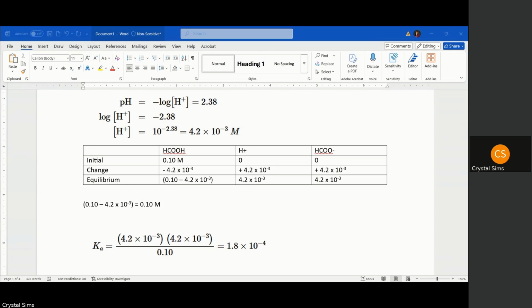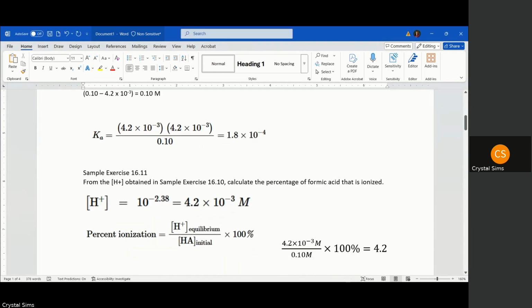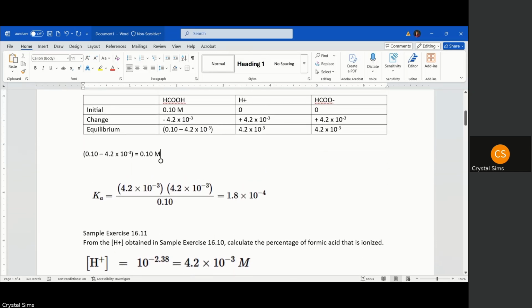You don't want to do more work than you have to. Okay. So now we've calculated our Ka. So the next exercise says from the hydrogen ion concentration obtained in sample exercise 16.10, calculate the percentage of formic acid that is ionized.